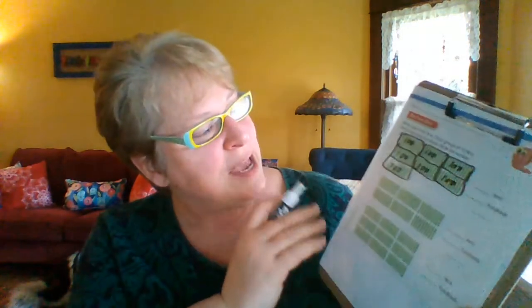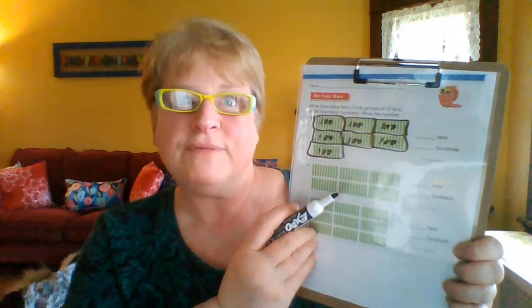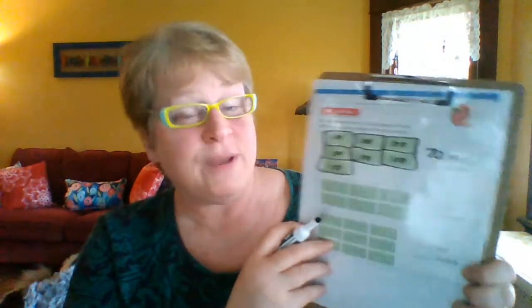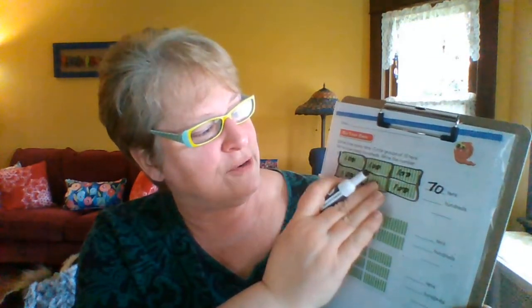All right, so I'm going to count this as 10 groups of 10, but also groups of 100. So it wants to know how many groups of 10 do we have? Well, this is 10, 20, 30, 40, 50, 60, 70 groups of 10. So there's 70 tens. And then if we count by 100, this is groups of 100 as well. 100, 200, 300, 400, 500, 600, 700.